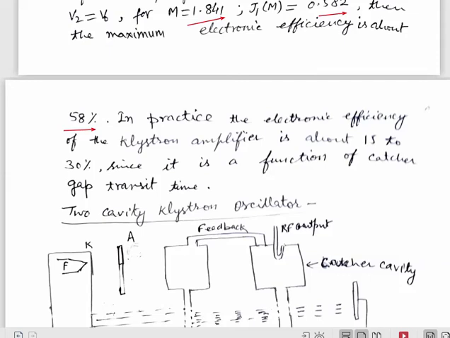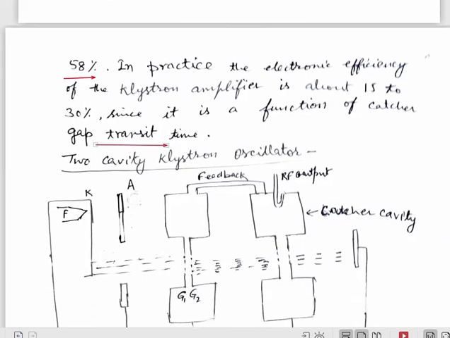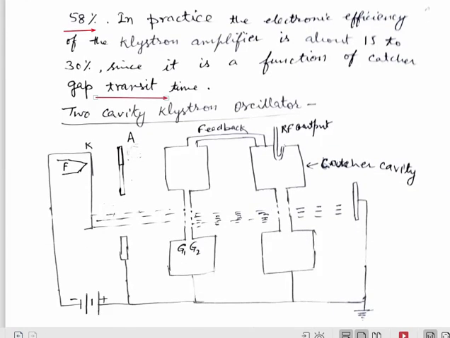Since it is a function of the catcher gap transit time and the catcher gap transit angle, the actual efficiency is small as compared to the theoretical maximum efficiency, which is 58%.